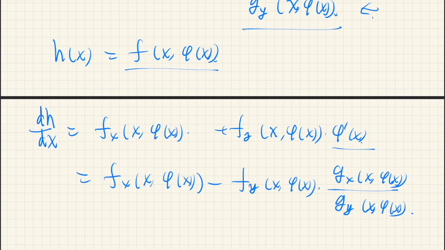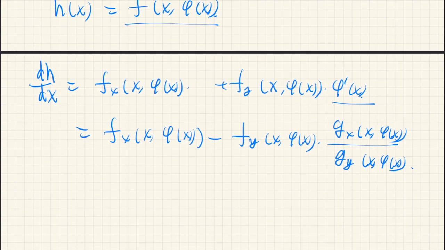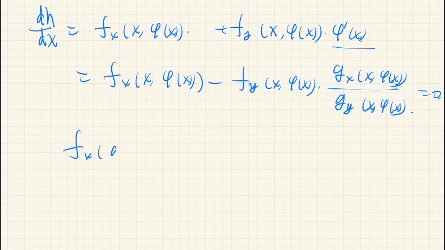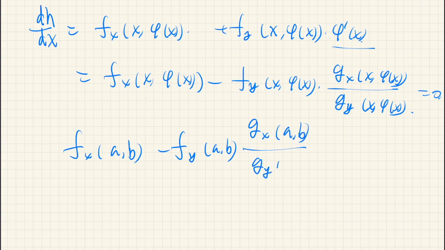And if (a, b) is an extreme value point, then if we substitute a and b here, this should be equal to 0. So let's substitute it: f_x(a, b) minus f_y(a, b) g_x(a, b) over g_y(a, b) equals 0.